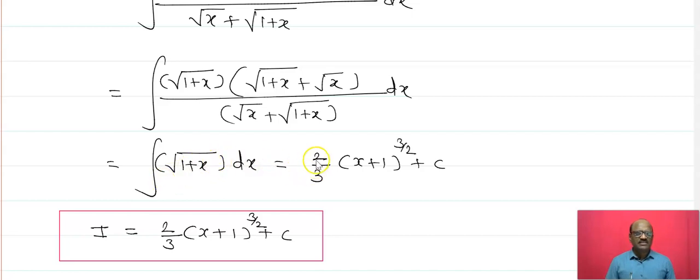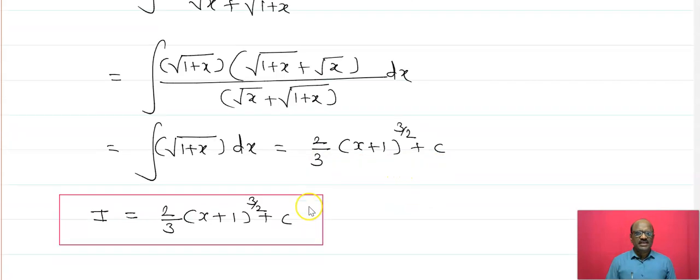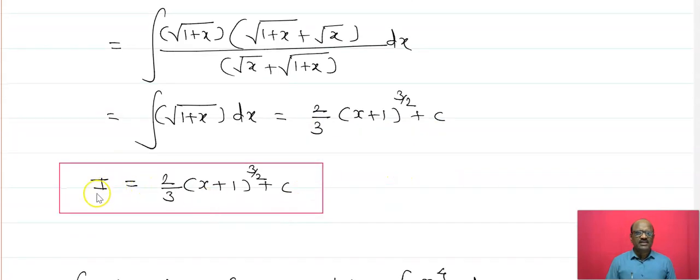Hence the integral of root of 1 plus x is (x plus 1) raised to 3 by 2 upon 3 by 2, and reciprocal it becomes 2 upon 3, plus c. Therefore the answer I is equal to 2 by 3 in bracket (1 plus x) raised to 3 by 2 plus c.